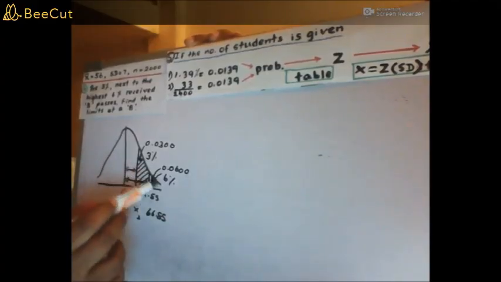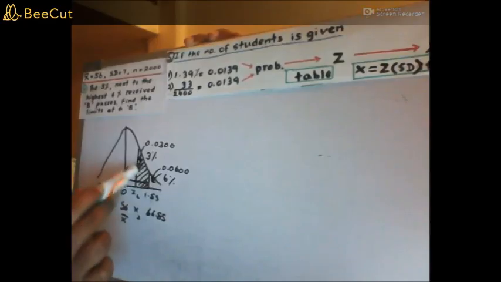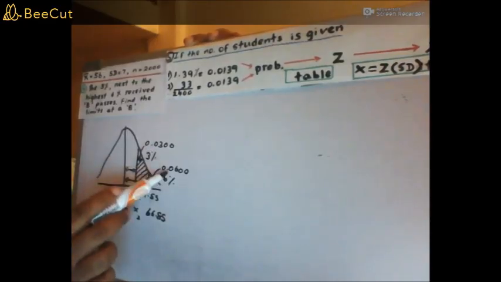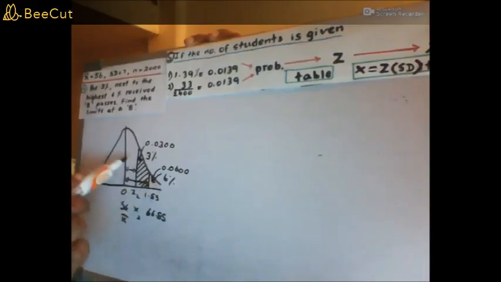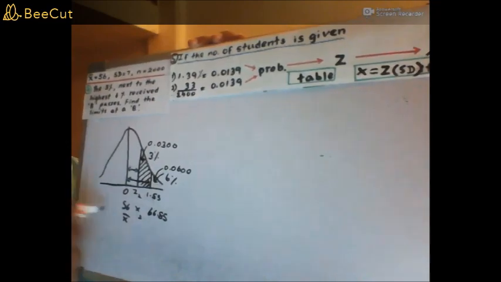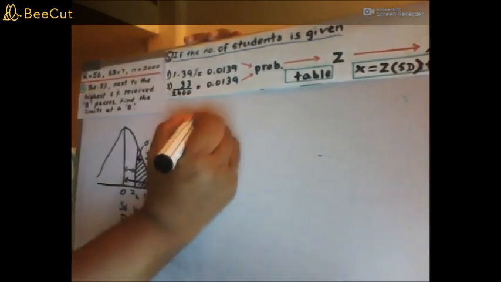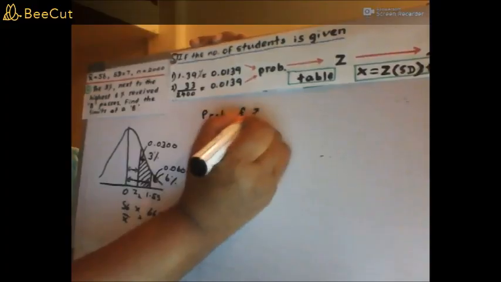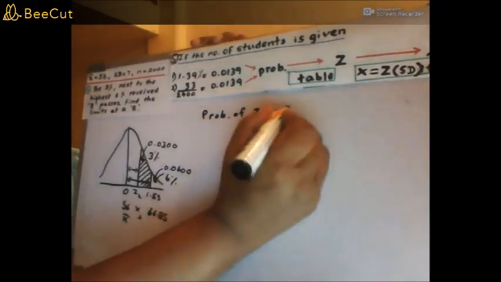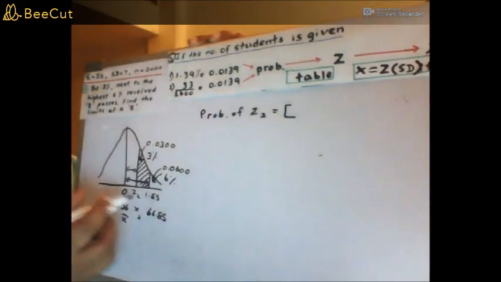So what is the probability of this whole thing? What do you have to do? We have to add these two probabilities. Then we can get the probability of this whole area, and we can deduct that from 0.5. So we'll write probability of Z2. How can we get that one?